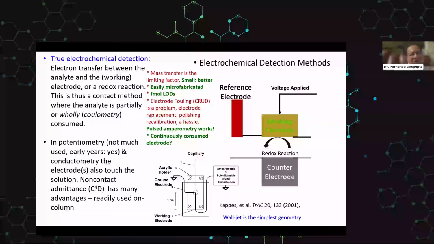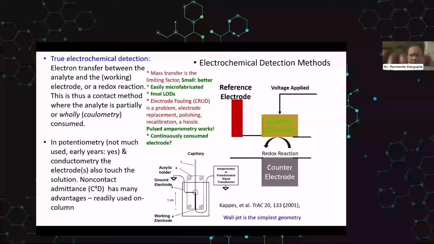It's not always necessary, but typically we do, especially if you want to transfer a method from one lab to another. You've got to have a reference electrode to make sure that it will work the same way somewhere else. Here, clearly, the analyte is touching the electrode and electron transfer is occurring, redox processes are occurring.